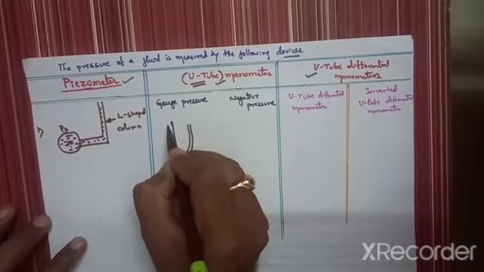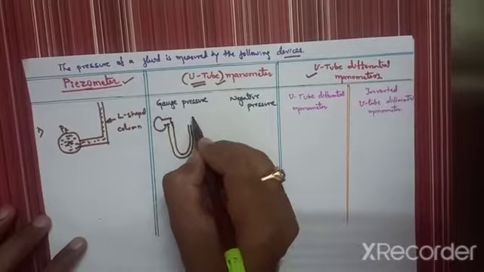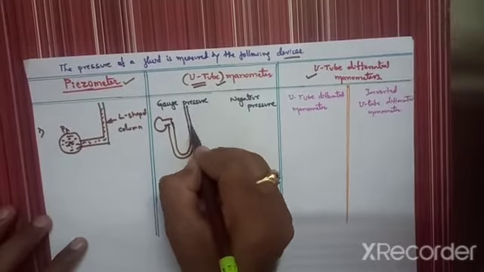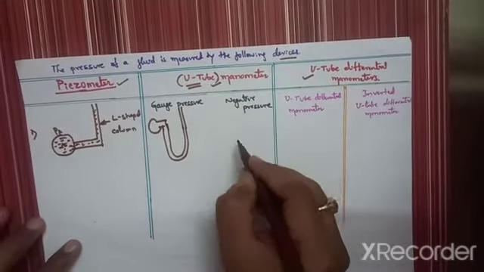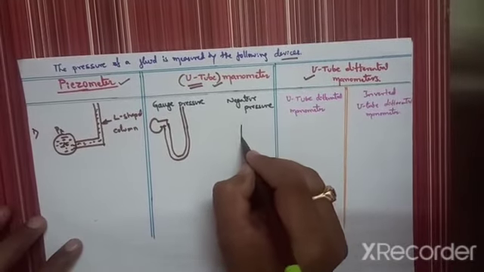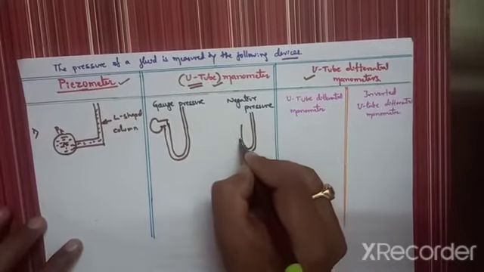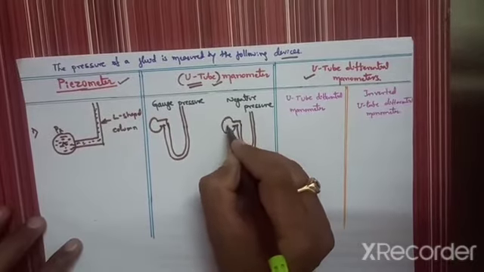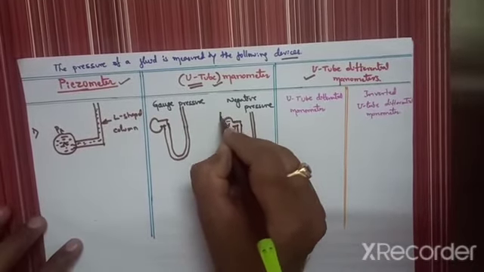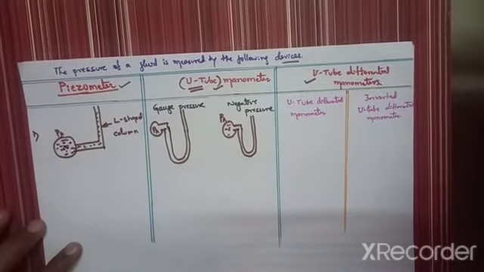One end of the manometer is connected to the pipe where you are going to measure the pressure, and the other end is open to atmosphere. For negative pressure it is the same; it consists of a U-shaped glass tube. One end is connected to a pipe where you need to measure the pressure of a liquid, that is PA. Here also it is PA.